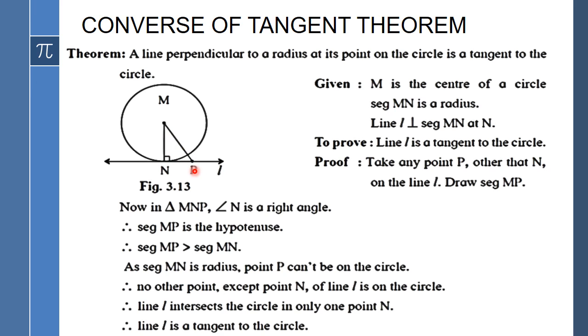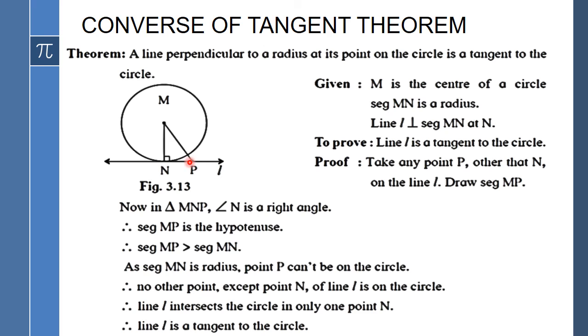Okay, now as MN is the radius, point P can't be on the circle. Why? If MN is the radius and MP is greater than MN, that means point P is outside the circle. The point N is on the circle, and a segment greater than MN means the point P is going outside the circle.